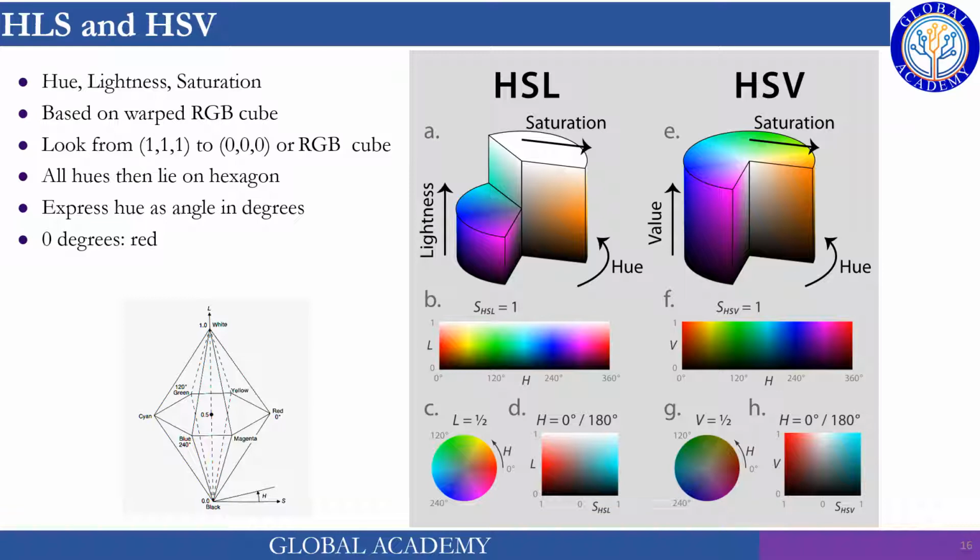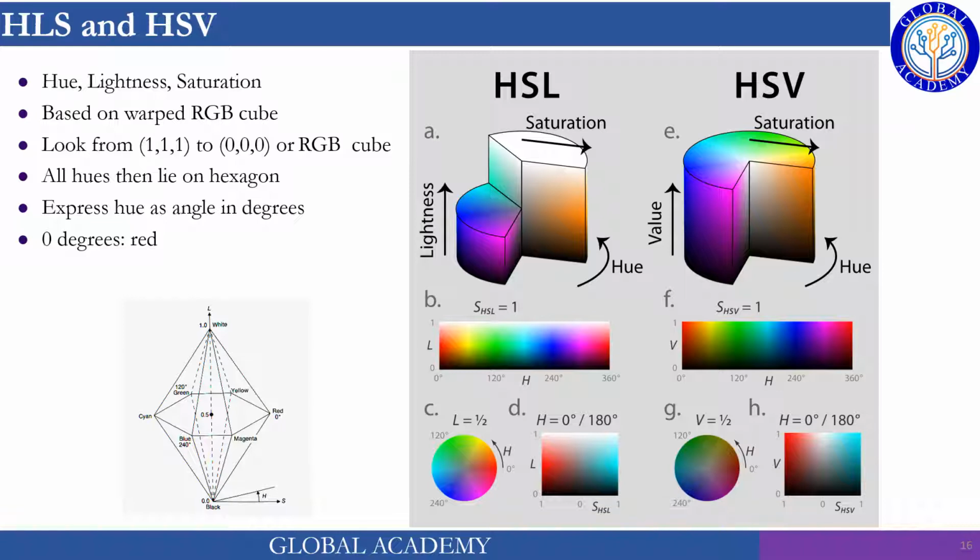So all the colors are mapped in angle between 0 and 360. If the lightness is low, then it's a darker shade of the color. If the lightness is high, then it's a brighter shade of the same color.